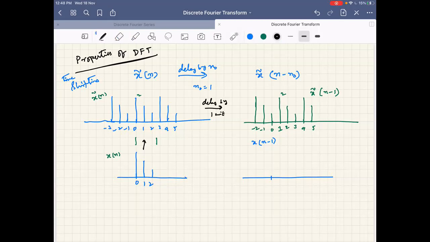Then we sketched this, and now we want to sketch what will happen to this x dash of n, you can assume. Because the equations are guided by the discrete time Fourier transform and periodicity, we should consider the periodic sequence behind and analyze what will happen to the time domain in that period 0 to n, because we sample again in the frequency domain, which means we take only one period. So how will it be?